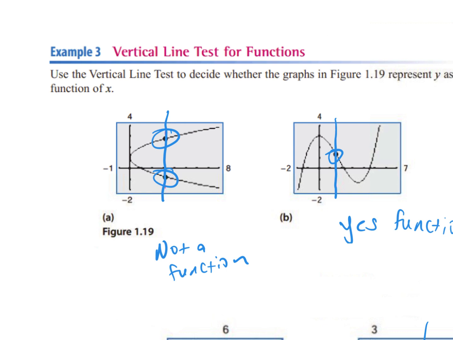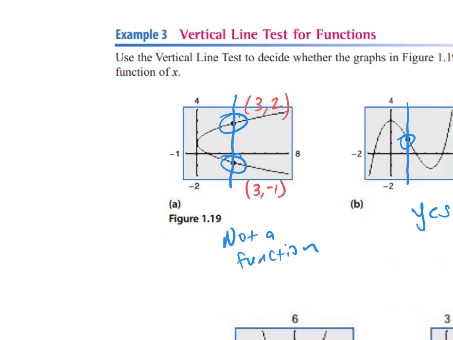Say this point right here was (3, -1), and this point here was (3, 2). What do you notice about those 2 points? They have the same x, okay? If you have a function, you cannot have repeated x values.